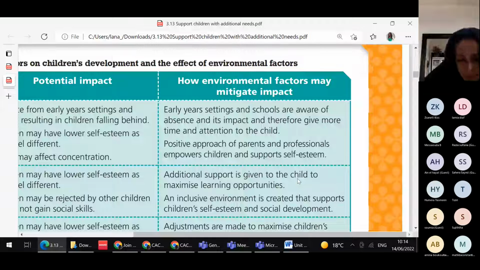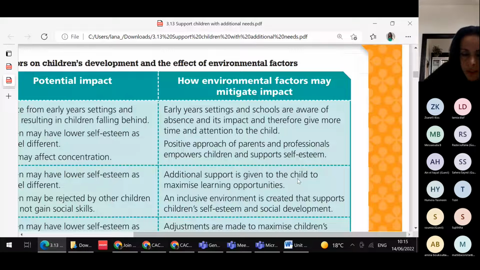So they will be absent, and therefore they would need more time to catch up with other children. They need more attention, more support from the school, from the teachers, from the nursery assistant. So that's the impact.